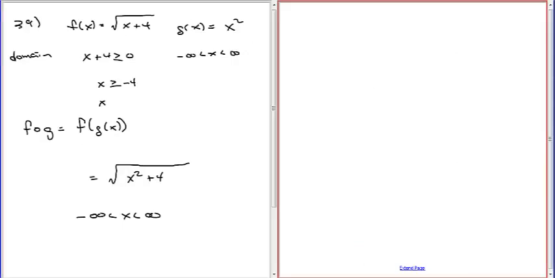Okay, continuing on, number 40, f of x equals the cube root of x minus 5, and g of x equals x cubed plus 1.